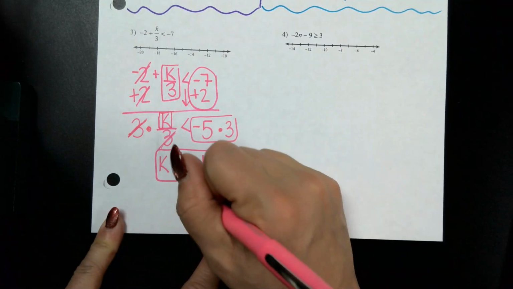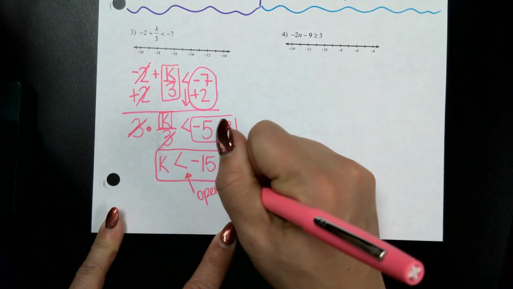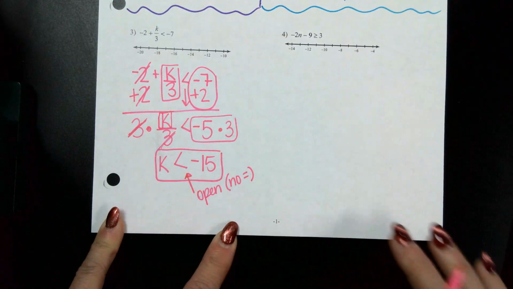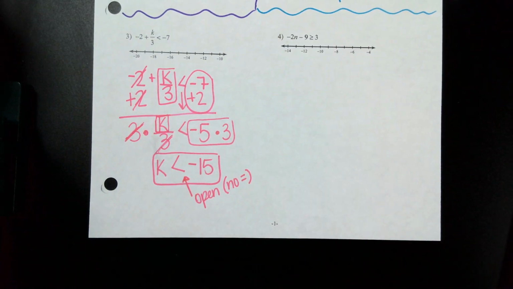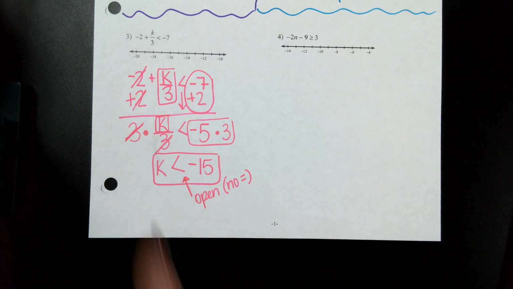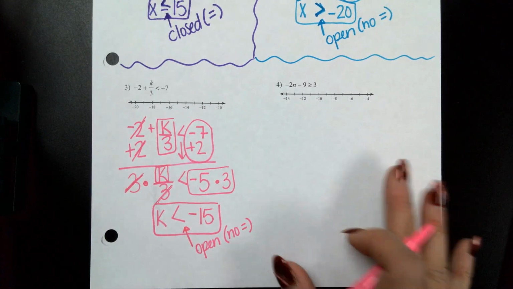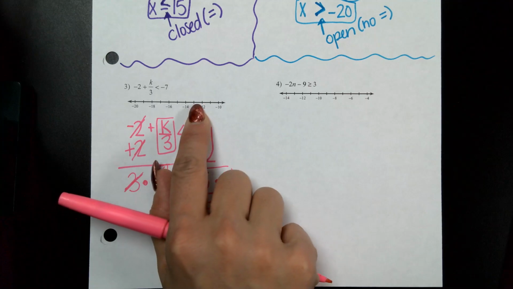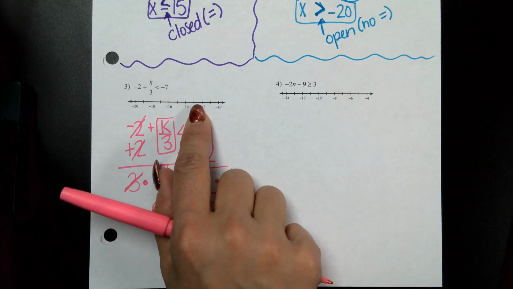There's no equal sign, so that one will have an open circle. Many people are always in such a hurry. When you have negatives, most people see 14 and immediately go to the right because they think 15's bigger.